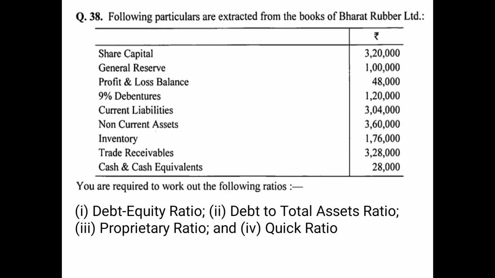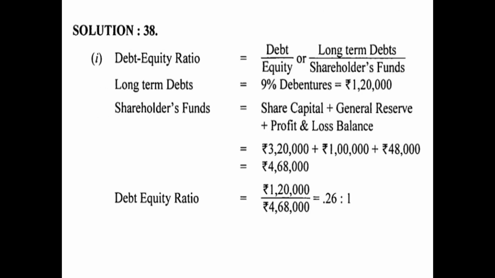Debt upon equity ratio. So first of all, we will calculate debt upon equity ratio. The formula for debt equity ratio is debt upon equity or long term debts upon shareholder fund. So in this question, your long term debt is only one, that is 9% debentures, 1,20,000, and your equity is share capital as per this question, 3,20,000 plus general reserve of 1 lakh plus profit and loss balance of 48,000.